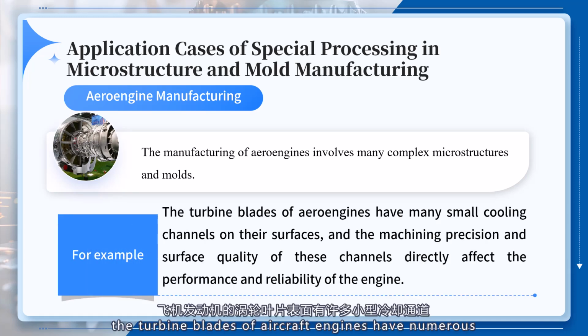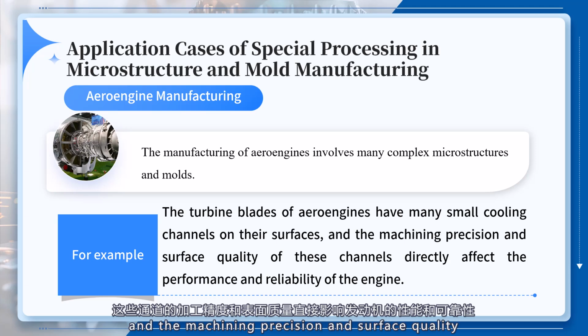The manufacturing of aircraft engines involves many complex microstructures and molds. For instance, the turbine blades of aircraft engines have numerous small cooling channels on their surfaces, and the machining precision and surface quality of these channels directly affect the engine's performance and reliability.